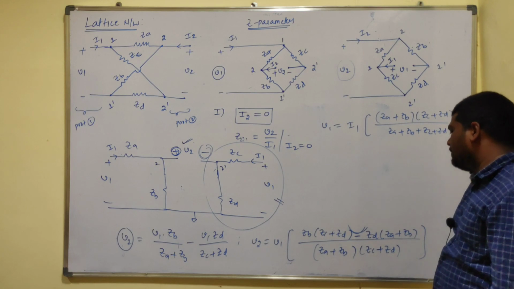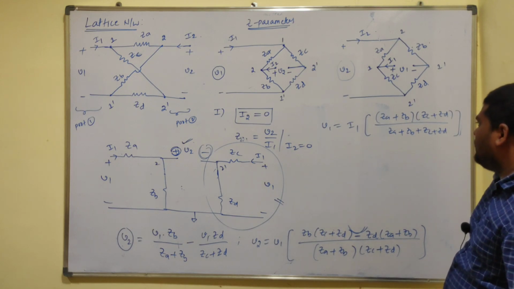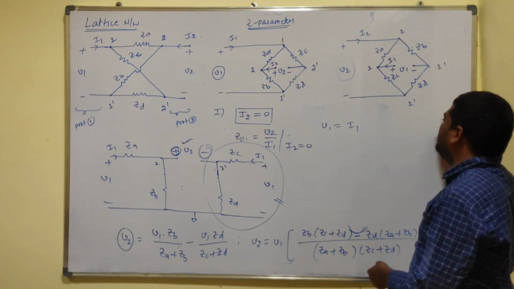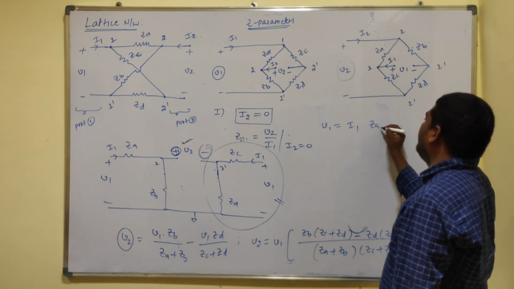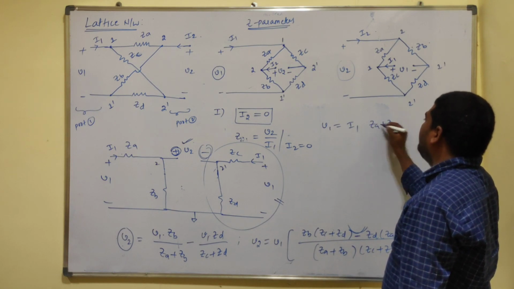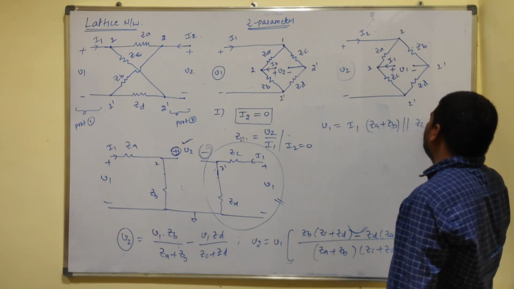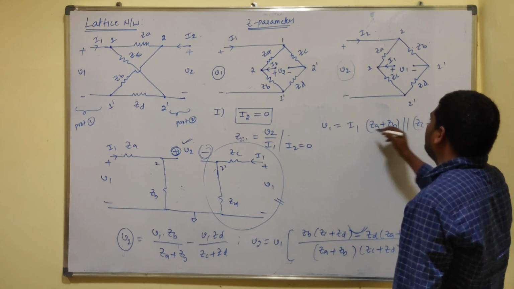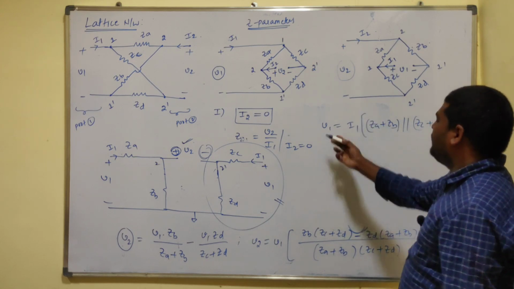This is the I1 relation. Otherwise, you can take ZA plus ZB parallel ZC plus ZD. This is your V1 value.